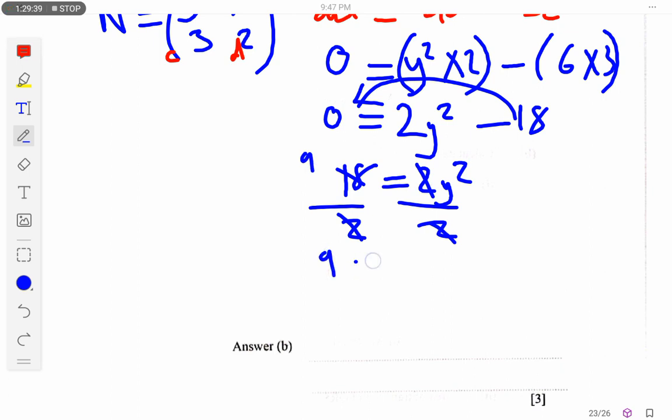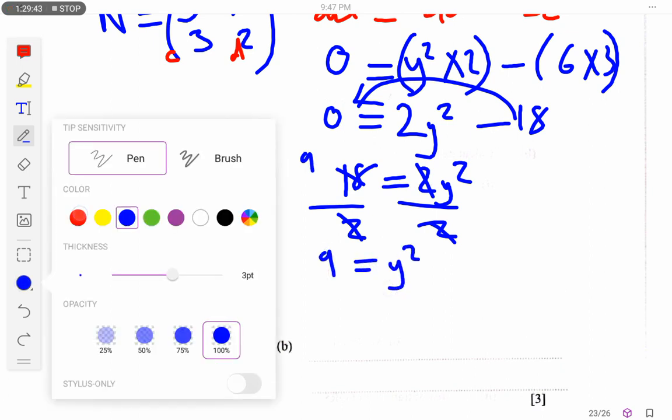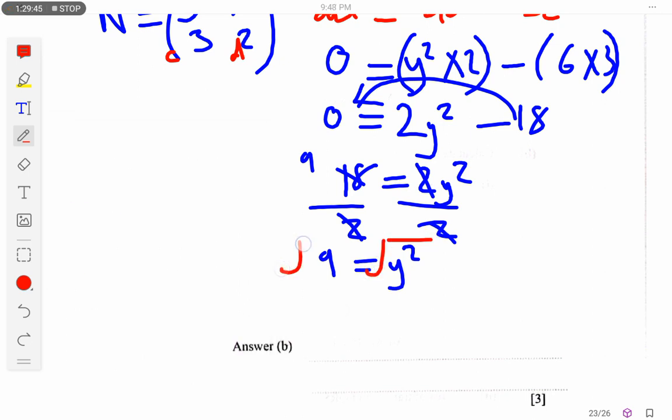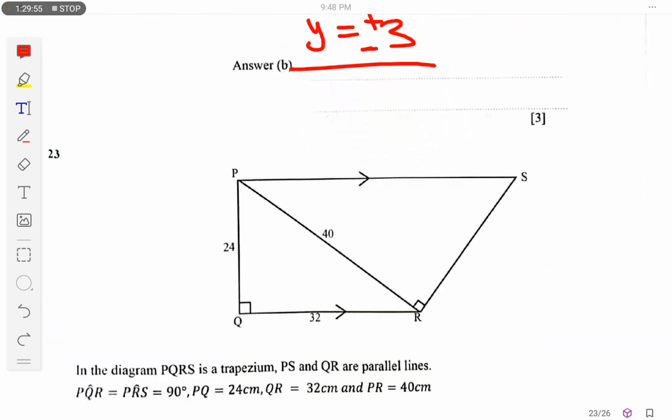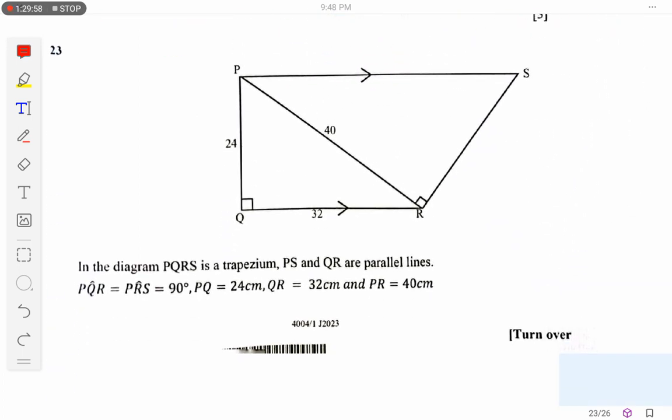So 9 is equal to y squared. To get our y, we find the square root here. These will cancel off each other. So our y is equal to 3. Because of the square root, you can say it's plus or minus 3 there. That's our y value. Okay, let's go to number 23.